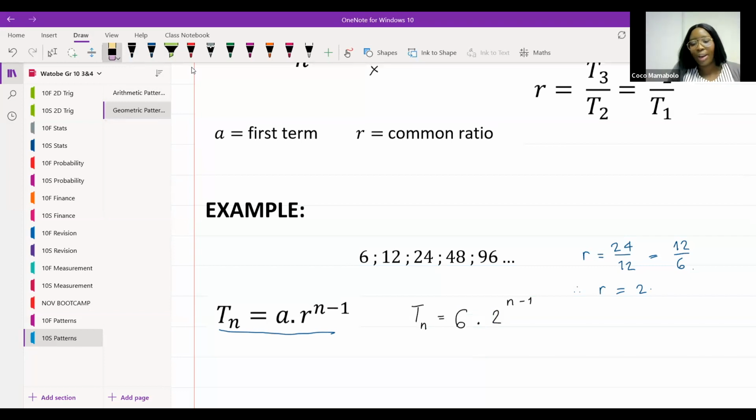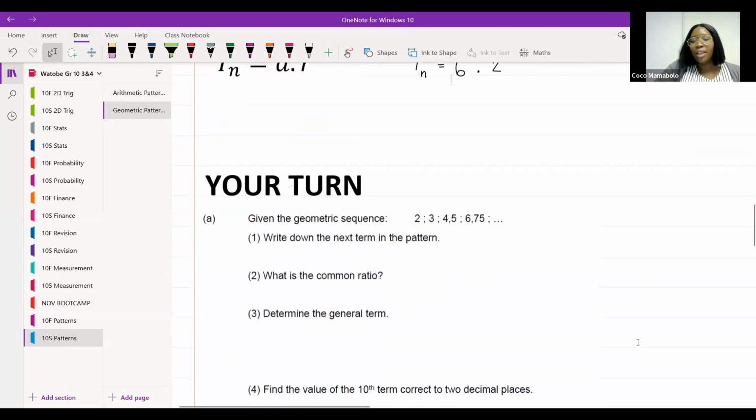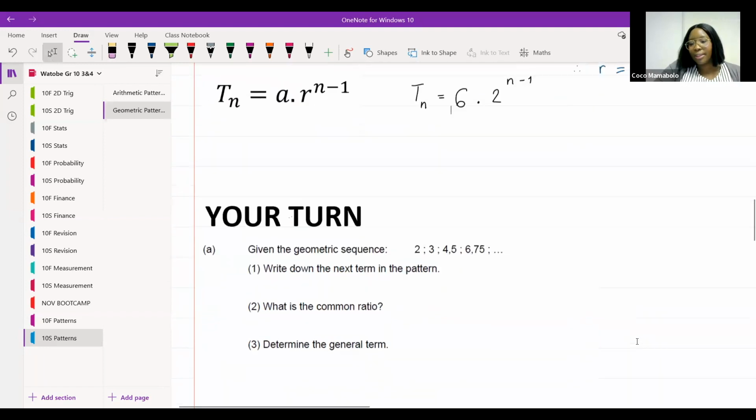Okay, all right. Give me a thumbs up if we're all okay with how to put together the equation of a geometric pattern, the general term of a geometric pattern. Can we get into some of these examples? Beautiful. All right. Here's our first example. Okay, Samuel, I'm going to use the example.